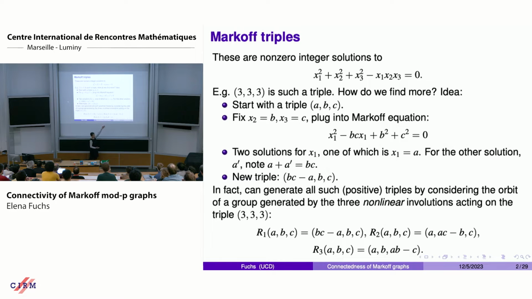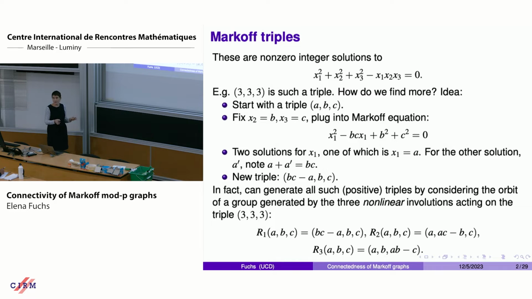But then these two others as well. And if you look at the group generated by these three, they're involutions, actually. If you square them, it's the identity. And if you act by that group on 3, 3, 3, you'll get all of the non-negative Markoff triples.